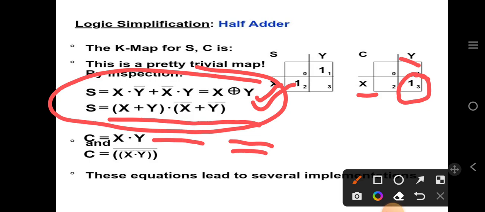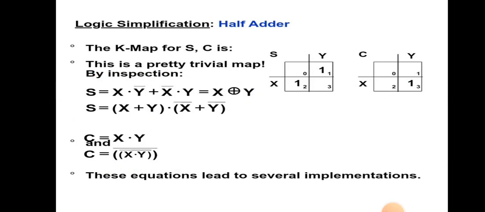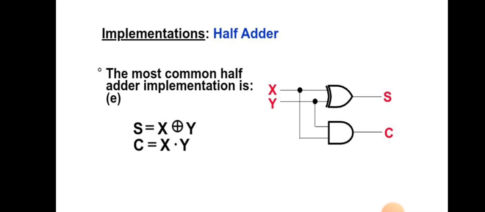Okay, so we got now two equations, one for sum and one for carry. These equations lead to several implementations. So here we have completed the second and third stage, to draw the K map and to write the logic equation. Now the implementation. This is the final stage of half adder.